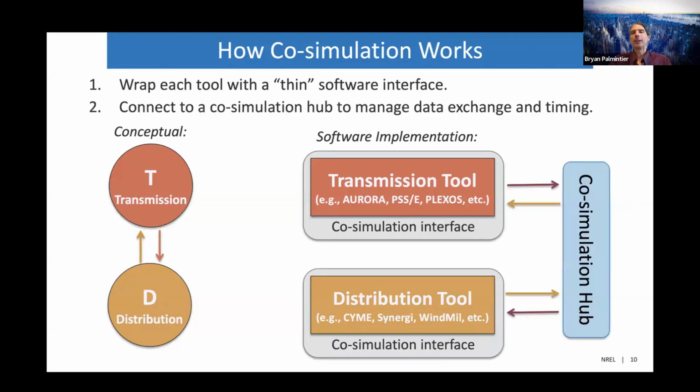And then those interfaces would connect with a co-simulation hub to manage that exchange and timing. Of course, this could be done with a lot more tools, lots of different examples of the same thing, say multiple different distribution simulations simultaneously to meet the same scale as transmission, or bring in any of those other domains.